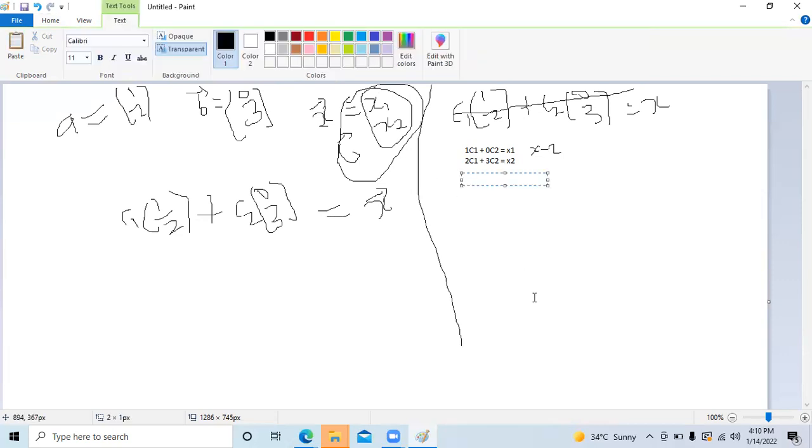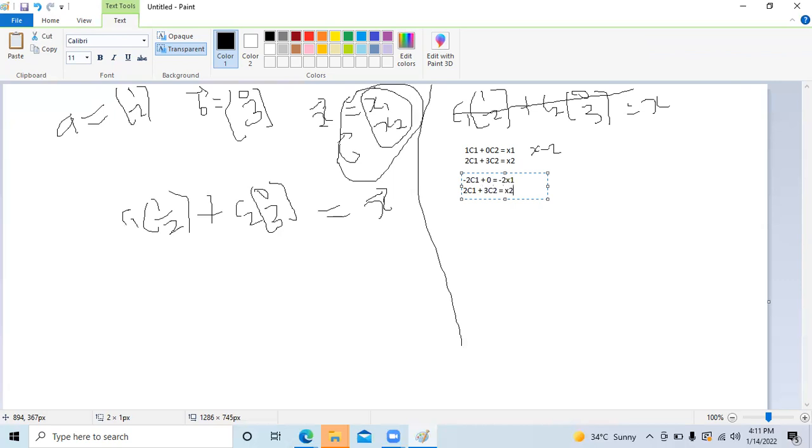I'll get -2 C1 plus 0 equals -2 x1. And then I have 2 C1 plus 3 C2 equals x2.